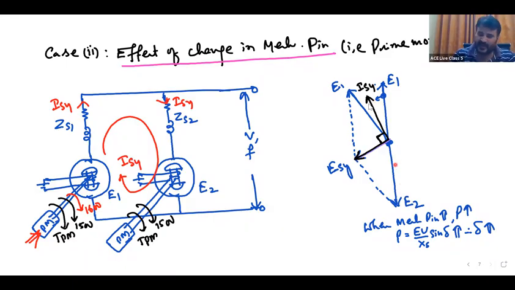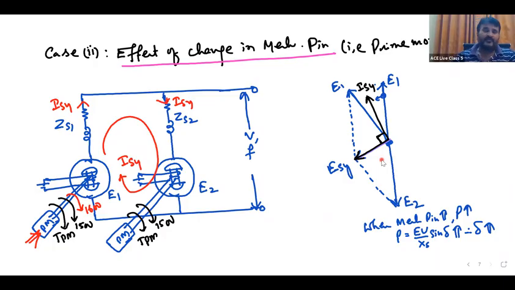Why? Because ISY is in phase with E, and when both are in the same phase, the machine acts as a generator. But when current is in phase opposition with E2, that machine acts as a motor. First machine delivering the current, second machine is absorbing. Current is in the opposite direction to that E2, na? Yes.